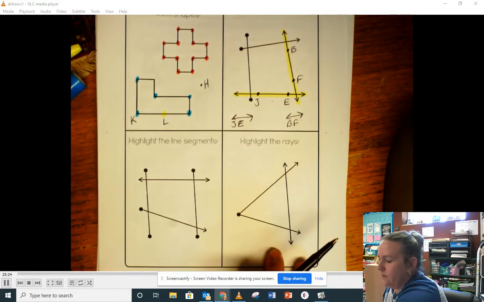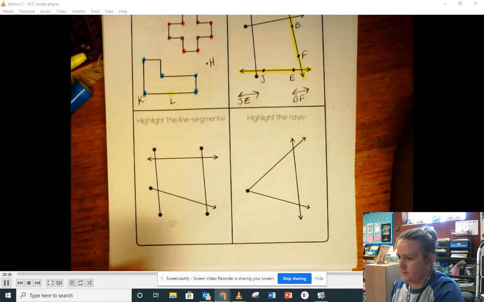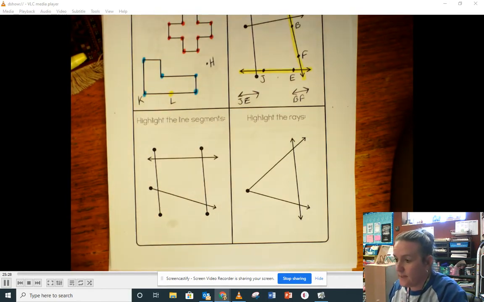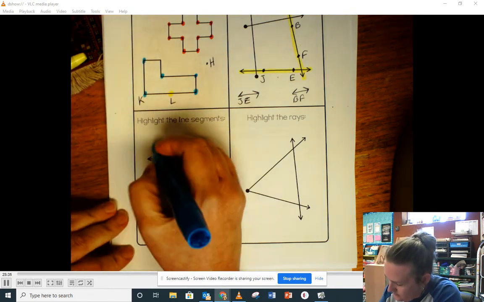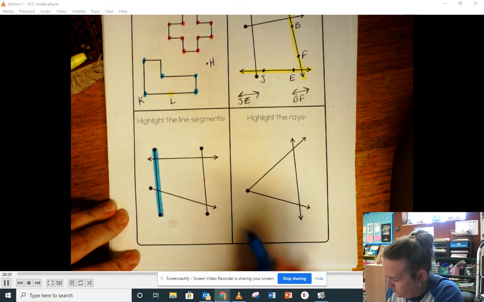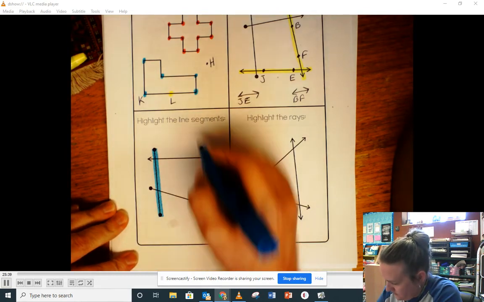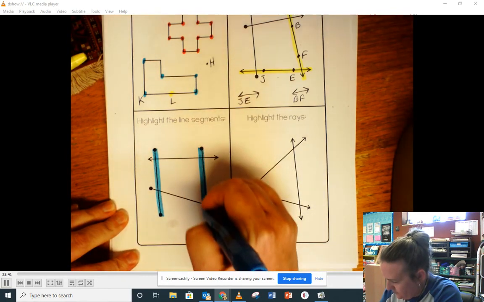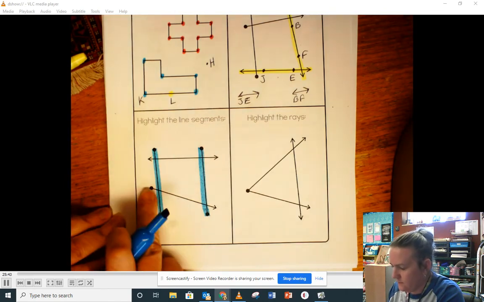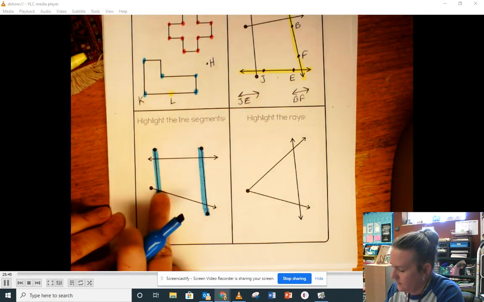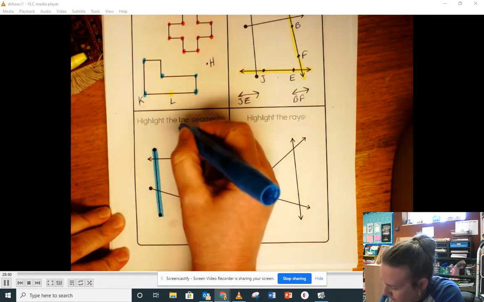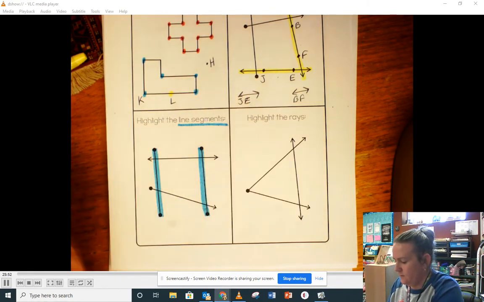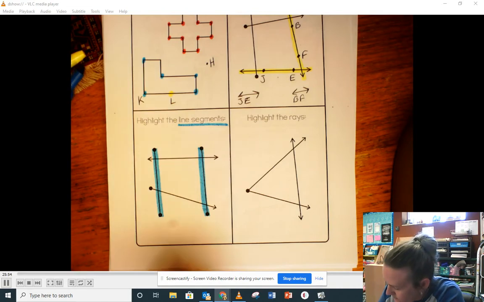Okay, now we're going to highlight the line segments. So these are just the pieces of lines that go from dot to dot. This one. And this one. Not this one, because this is a ray, and not this one, because this is a line, and we're looking for line segments. Again, let's give those some names.